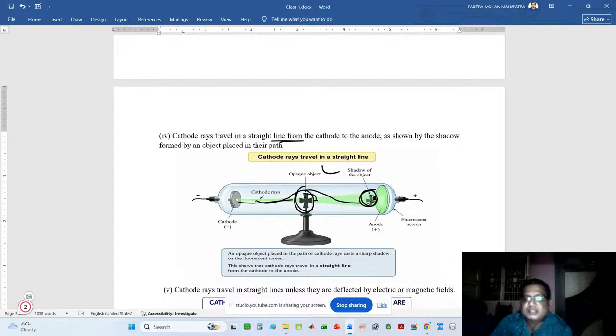So since a shadow is formed when the scientist J.J. Thomson kept an opaque object in the path of the cathode ray, it is seen that cathode ray travels in a straight line from cathode to anode, as shown by the shadow formed by an object placed in their path.